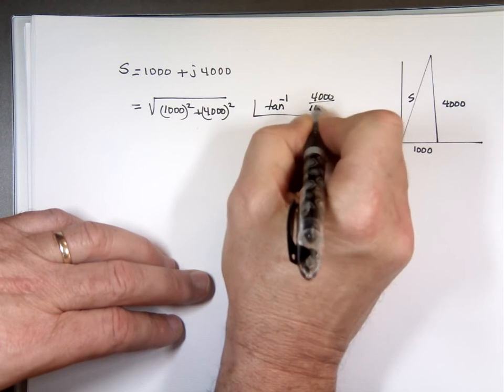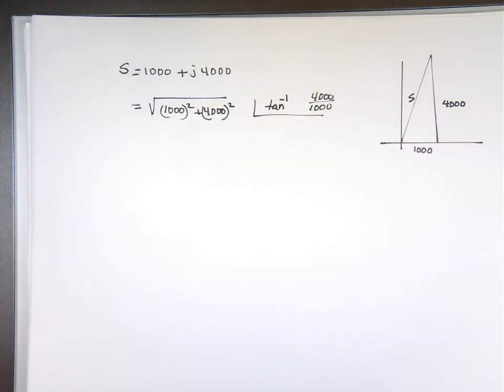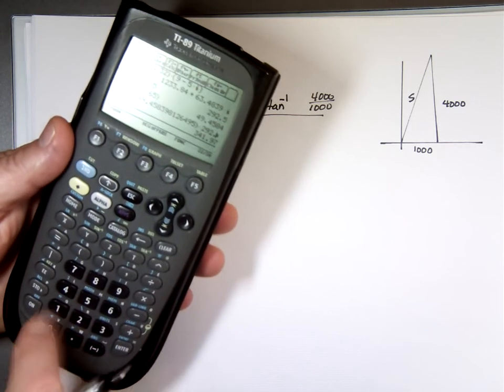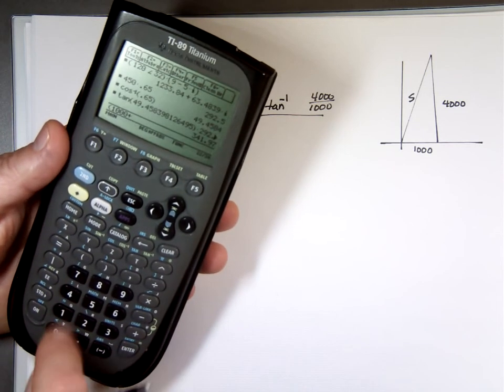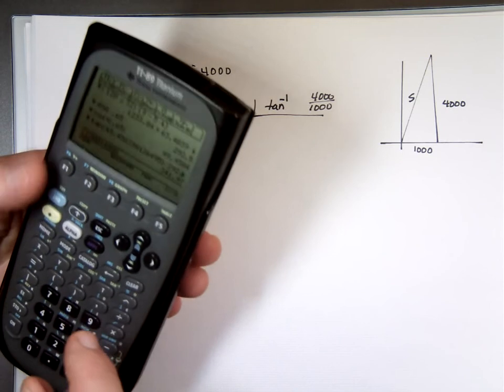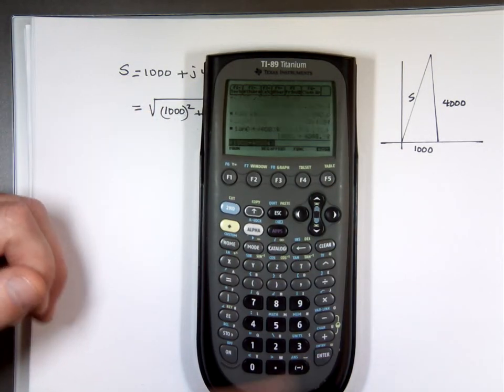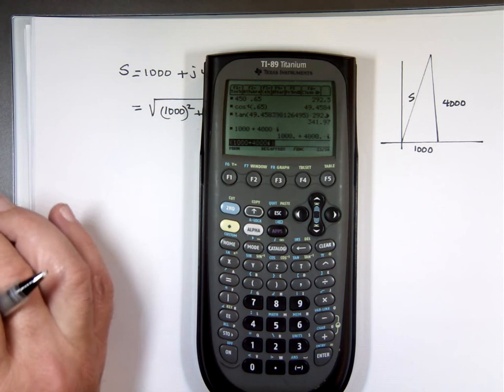Or I can just type in my calculator 1,000 plus 4,000j. If I put my calculator in polar mode, I go to mode and give me that in polar.